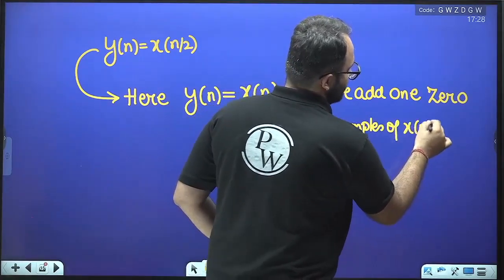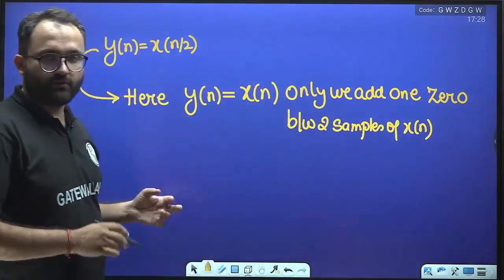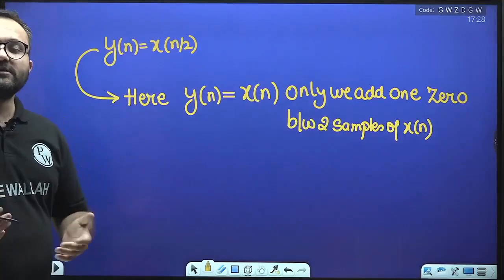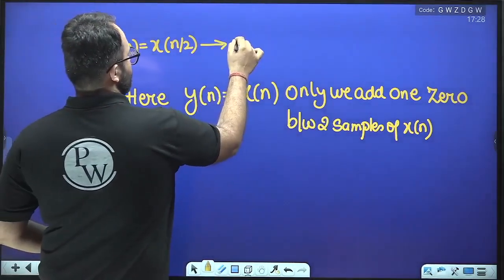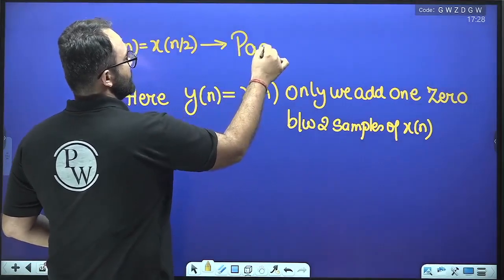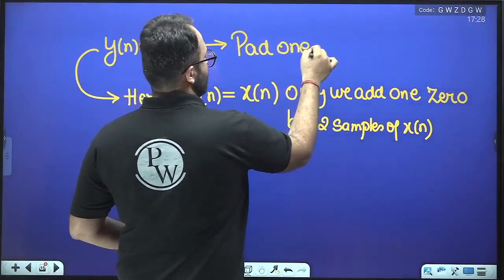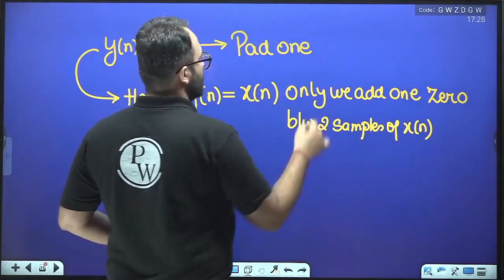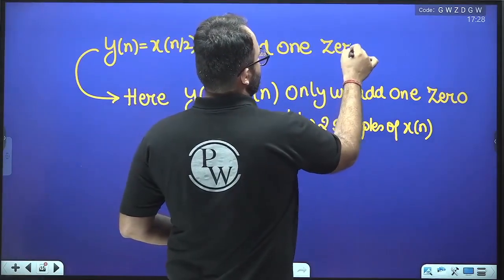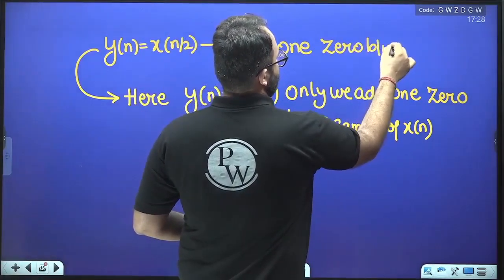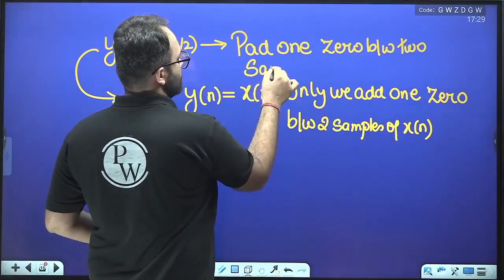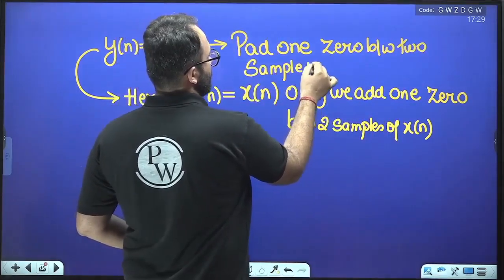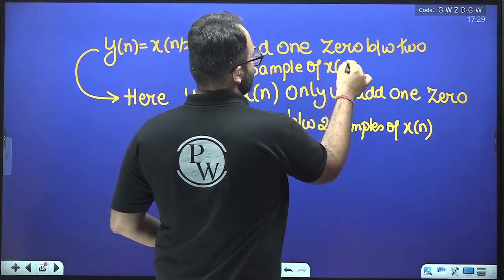Simply we add zeros. This is called zero padding. We pad 1 zero between the two samples of xn.